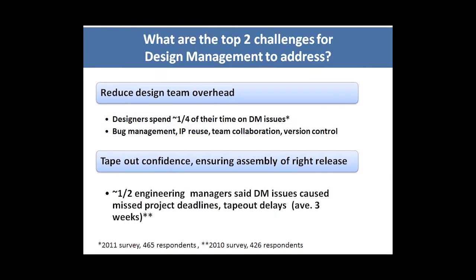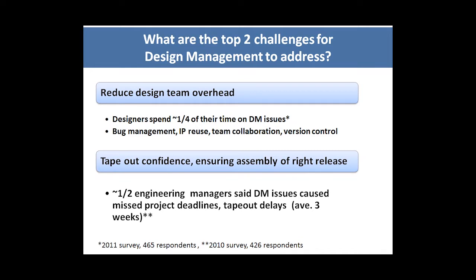The top two challenges really are all about reducing overhead, right? Some people will say that DM itself is the overhead, and the goal is to make sure that the tools work and scale, particularly for the large data set sizes, both for local and remote. People spend a quarter of their time on DM-related issues.